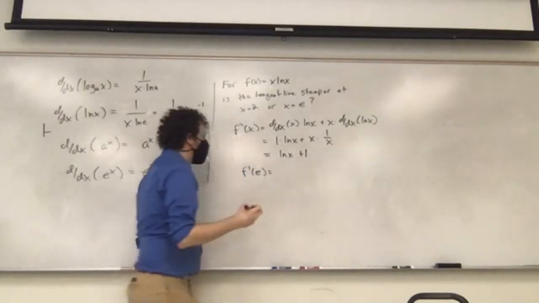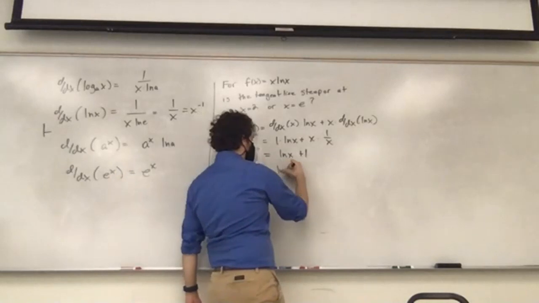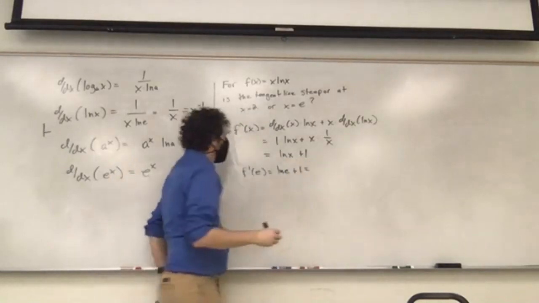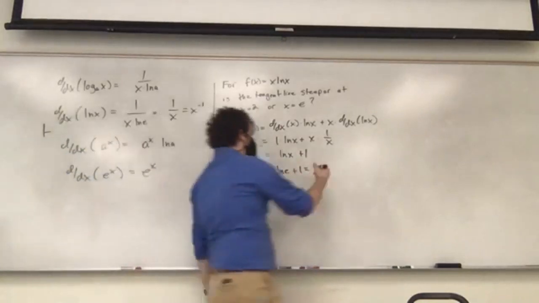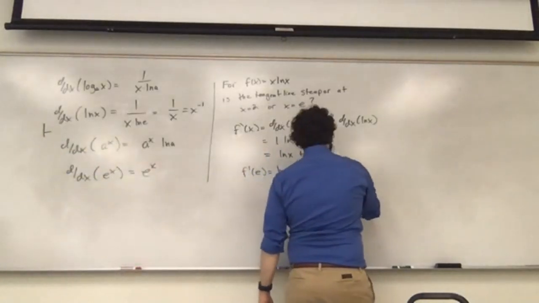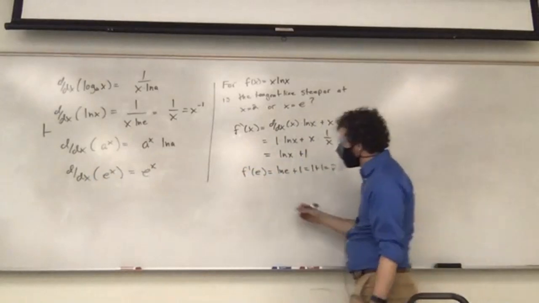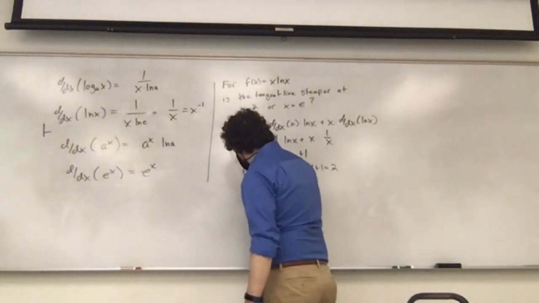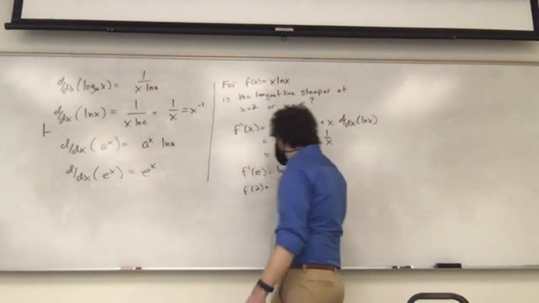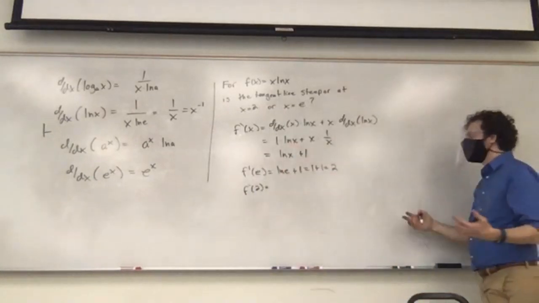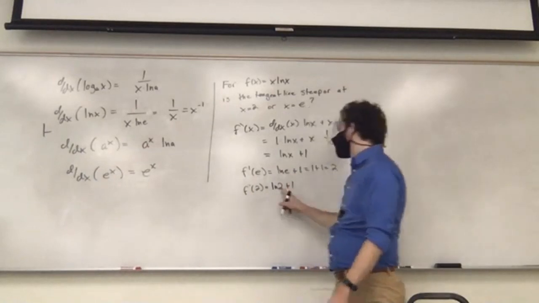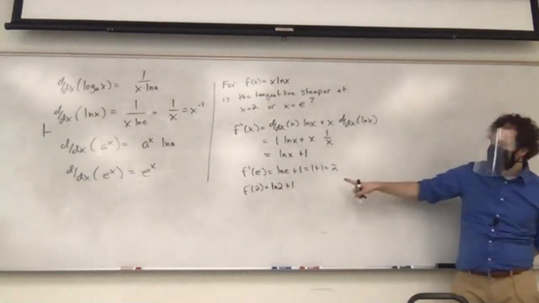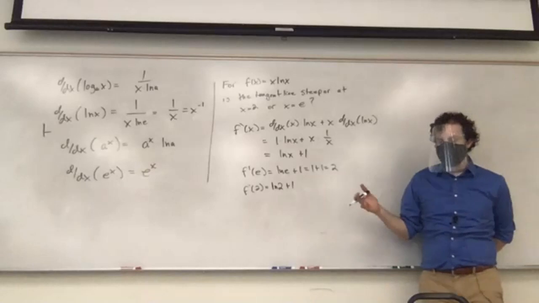If we put in e, then we get the natural log of e plus 1. The natural log of e simplifies to be just 1. So we get 1 plus 1, just 2. If we put in 2, then we get the natural log of 2 plus 1. And this doesn't simplify. We're stuck with that if you want an exact answer.